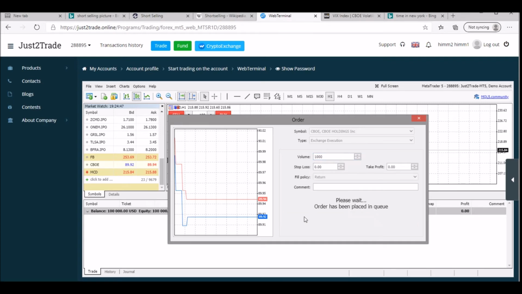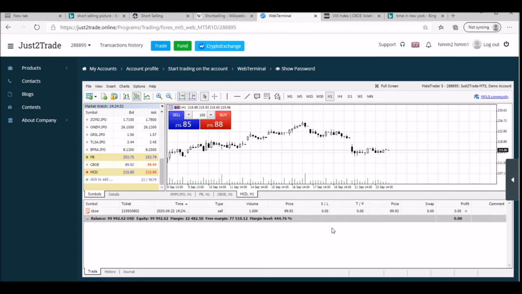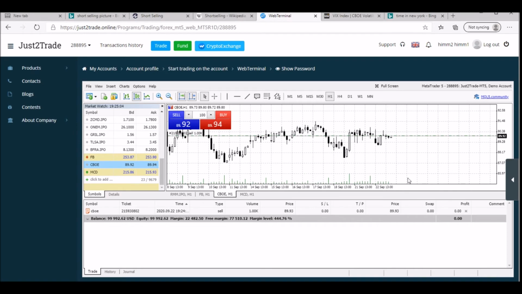So click sell. So it's done. So now let's look out for the price to go down so that we can buy it. The price keeps changing.